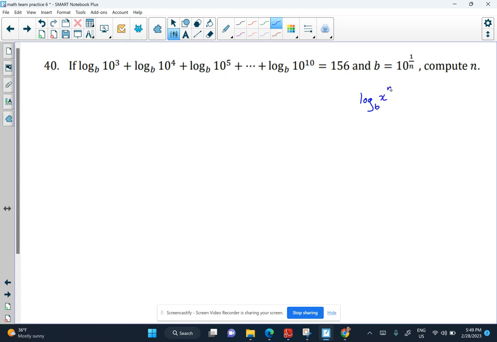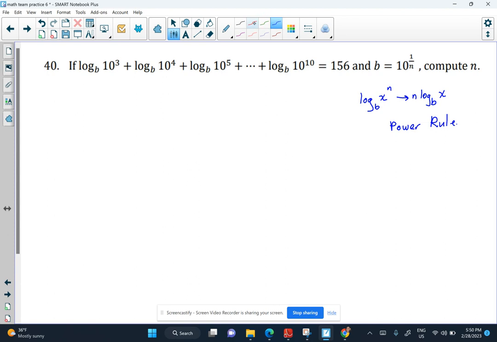And what the power rule says is that if you have a logarithmic expression with x as our argument or an input, and that argument or x value is raised to the power of n, this is the same thing as n log base b of x. And this is known as the power rule.